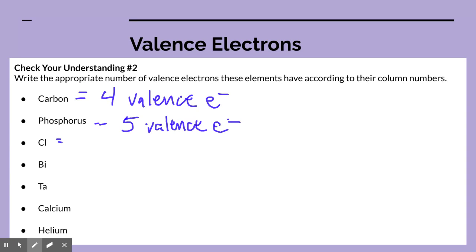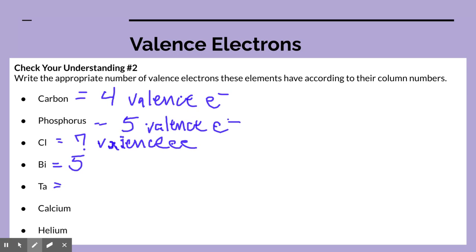Chlorine is found in 7A, so it has 7 valence electrons. Bismuth is found, let's see, where's bismuth at? There he is. Bismuth is also found in 5A, so it has 5 valence electrons.